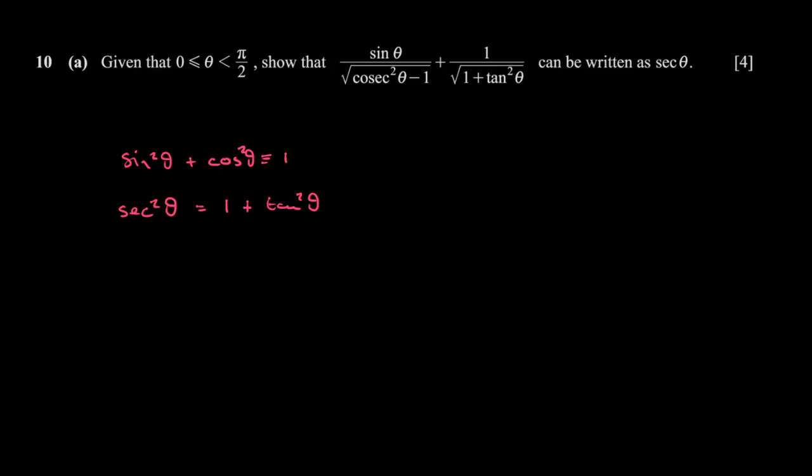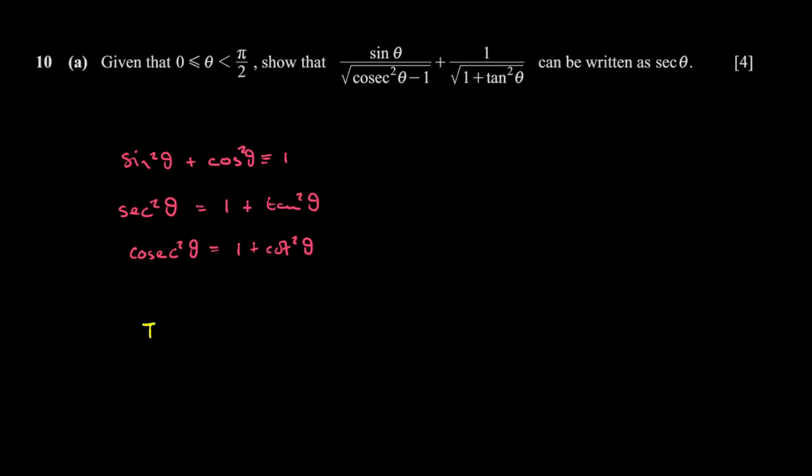And then cosec squared theta is equal to 1 plus cot squared theta. So if you can recognize that because you've got cosec squared and tan squared, you're probably going to be using these formulas, then I think your chance of doing this question is quite high, right?